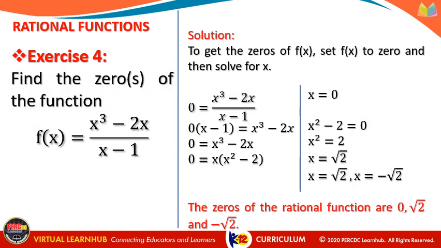Sige, last example tayo. Balikan lang natin yung exercise number 4 natin. Hindi ba nalaman natin doon na ang zeros ng x cubed minus 2x ay 0, square root of 2 at negative square root of 2. So ngayon, gamit ang calculator, i-check natin. Tama ba na yun nga ang mga roots natin?